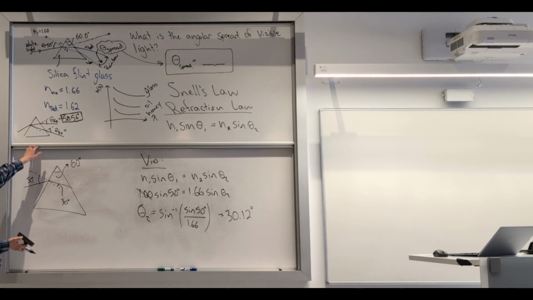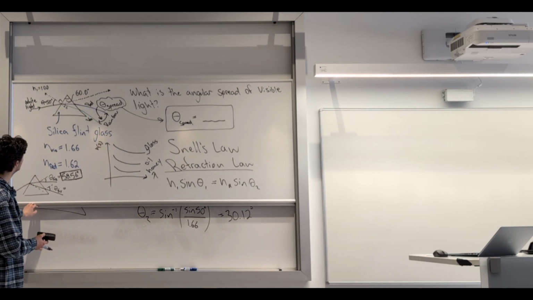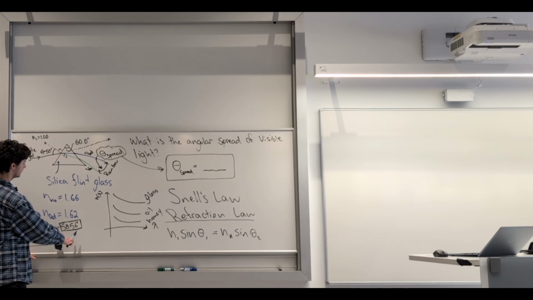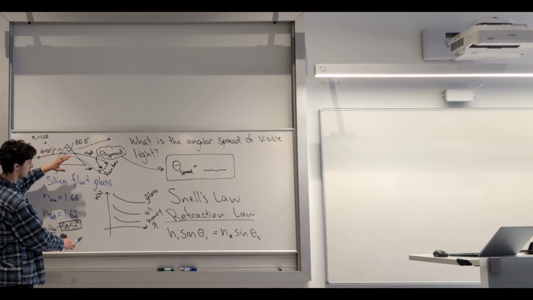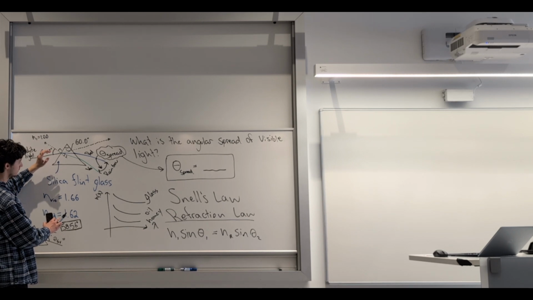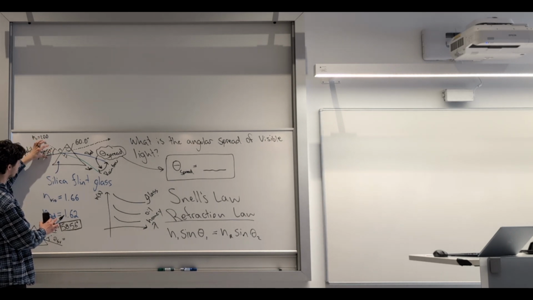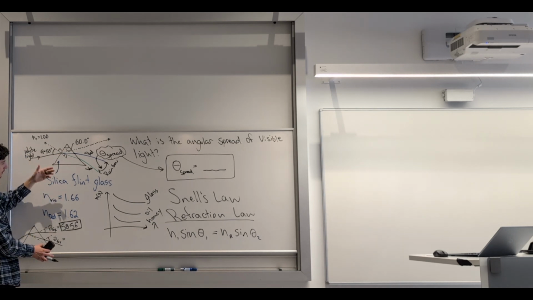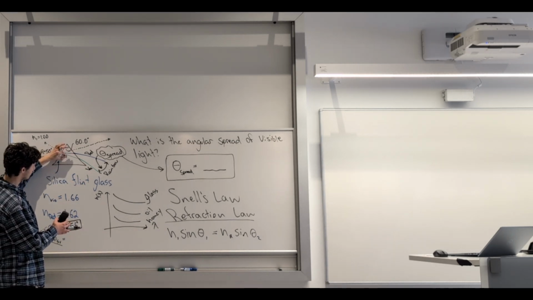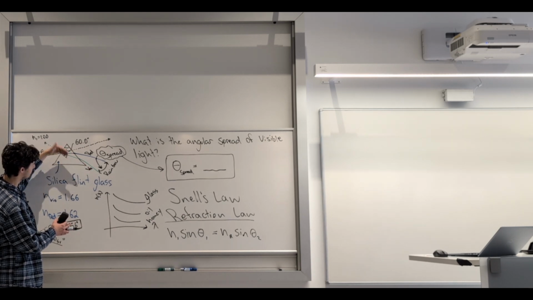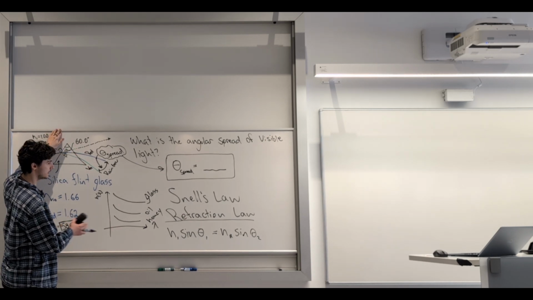So the main problem I'm having is we found this interior angle of refraction for the red ray first, and I remember it was around 28 degrees, about half, a little bit more than half of this 50. So I drew it around here, and now we found that the refracted angle for the violet ray is 30, which is a bigger angle. So if the violet ray is refracting at a bigger angle, it should end up above the red ray. But that's not what we're seeing in the picture.